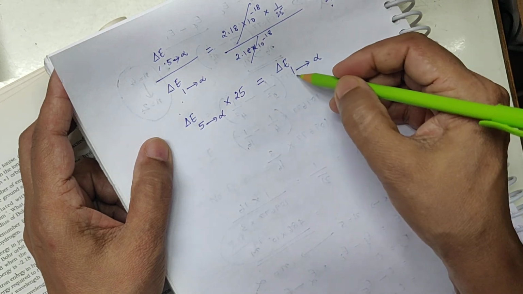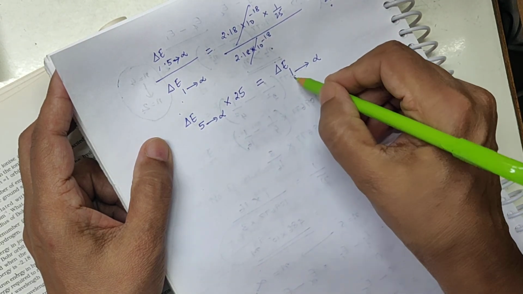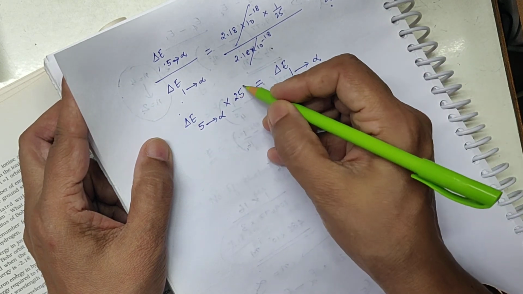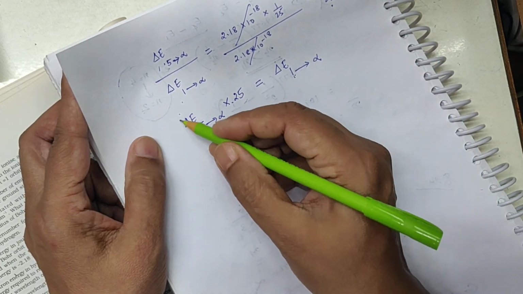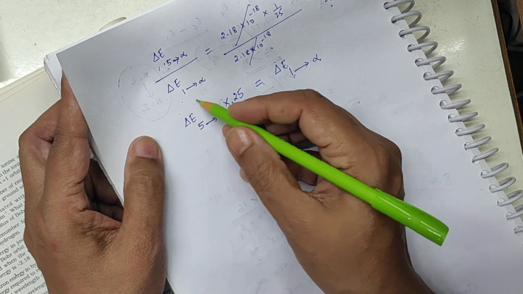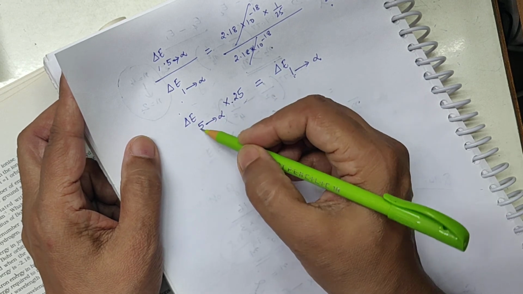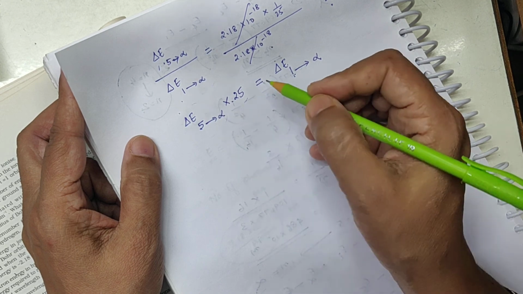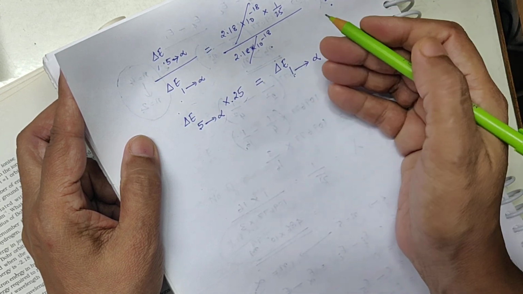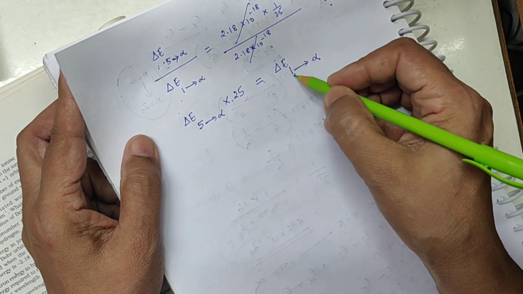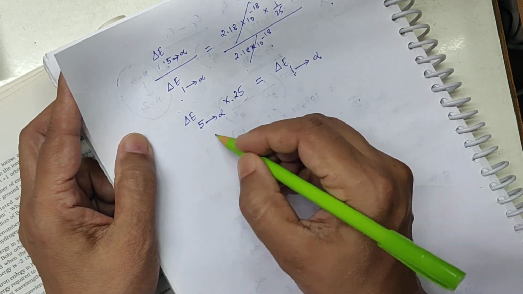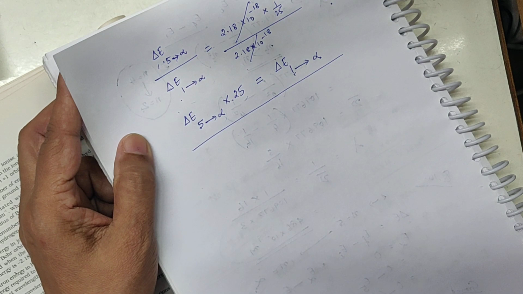That means if you want to pull out the electron from the first level to infinity, you have to supply 25 times the energy required to throw the electron from the fifth level to infinity. You have to supply 25 times more if you want to send it from the first shell to infinity. So this is the answer, right.